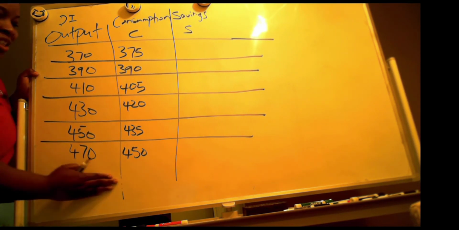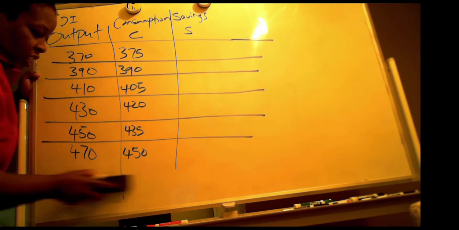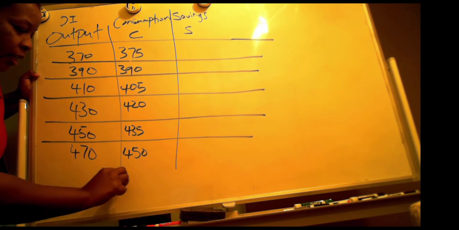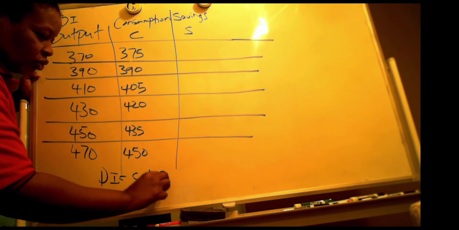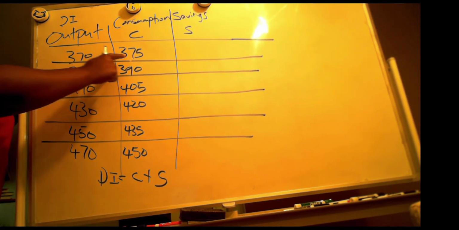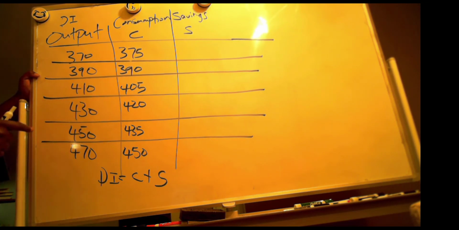So remember what we said earlier. What's the relationship between these two? Your disposable income is your consumption plus your savings. So if you got 370 and you're consuming 375 worth of stuff, clearly you're not saving, because you're consuming more than the amount of money you have. So you're doing the opposite of saving.